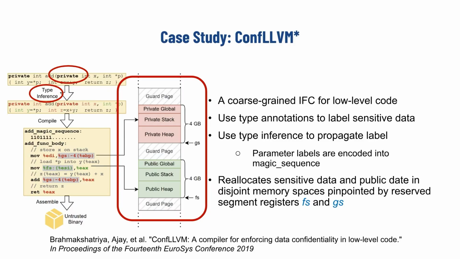They essentially state that any instruction accessing memory must use the correct segment registers, GS for private data and FS for public data. Moreover, it encodes the sensitivity of function arguments into a magic sequence to ensure correct information flows through function calls. The key takeaway here is how the security policy is encoded into the binary.